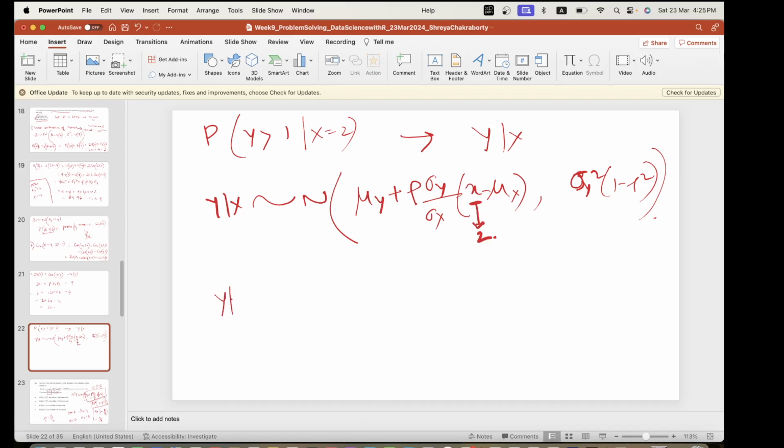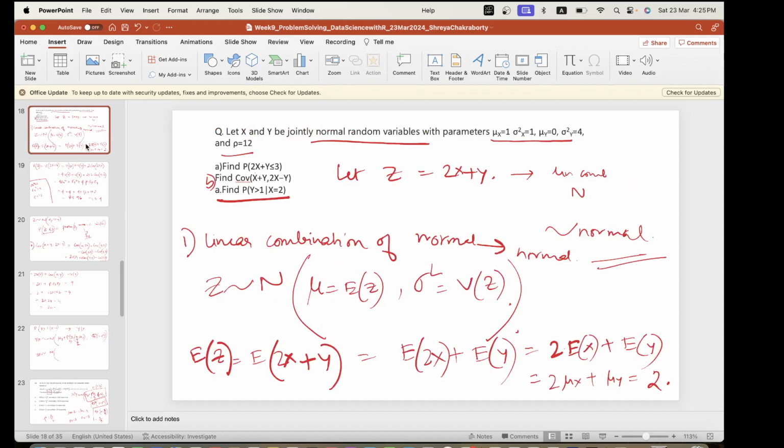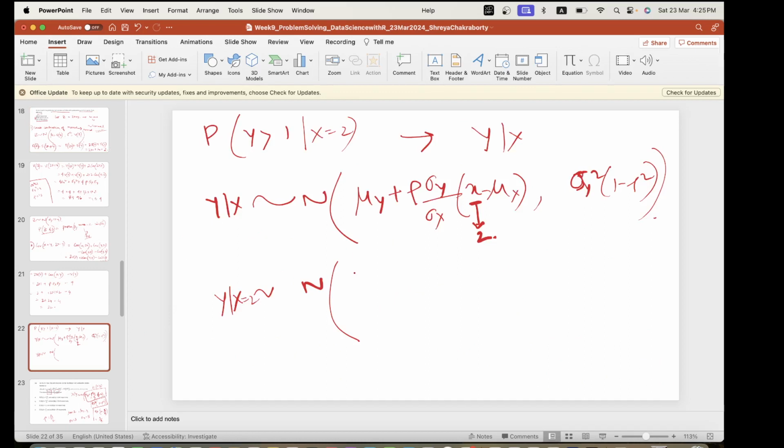So when x equal to 2 it follows a normal. Mu y was 0, so we need not bother. Sigma y was 2, rho was 12 into 2 by 1, 2 minus mu x, and mu x was 1. Sigma y square is 2, and 1 minus rho square.